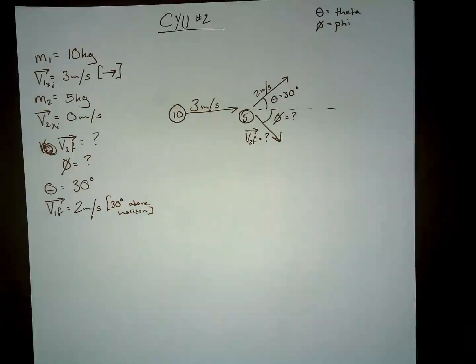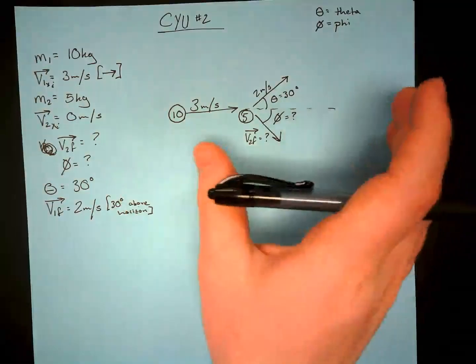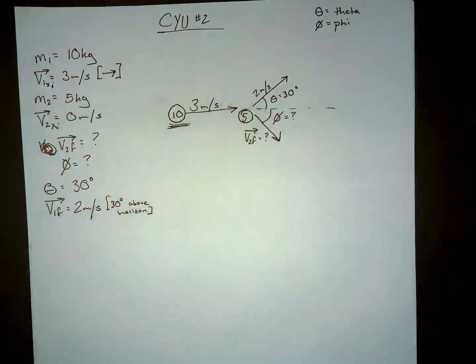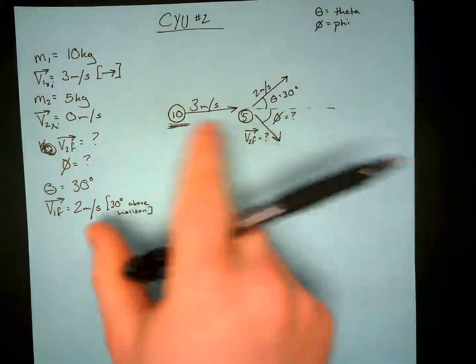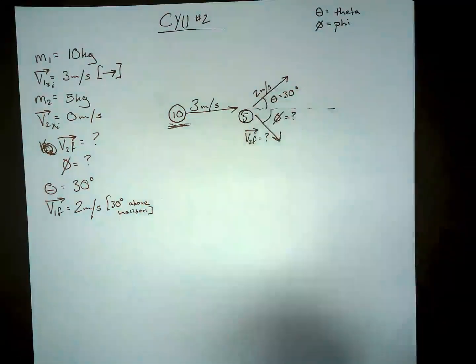Okay. So now, instead of trying to figure out exactly what to do with all of this, let's just split this in half. Let's just focus on this guy right now, since he has most of the variables. He has most of the values that we need to work with. And let's break down his final set of motion into a triangle.